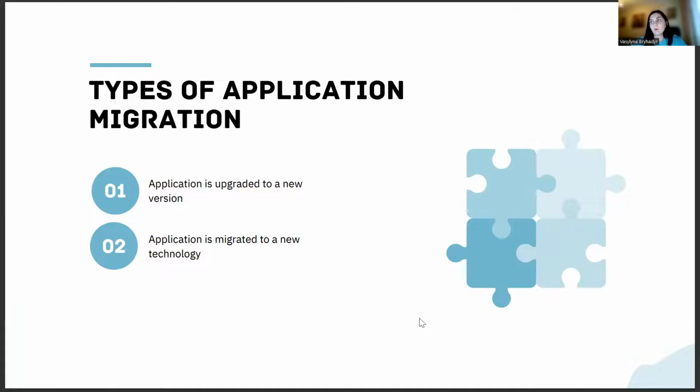For example, if you have an Angular application and you are going to migrate, in other words upgrade, it to the newest version of Angular. The second type happens when your application is migrated to a totally new technology. For example, you can migrate your application from Angular to React or any other framework or library.